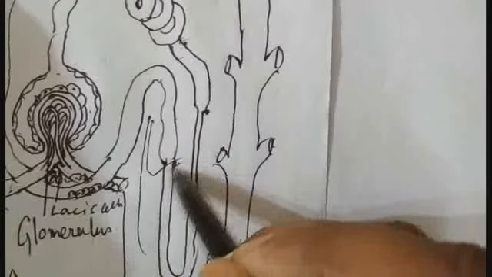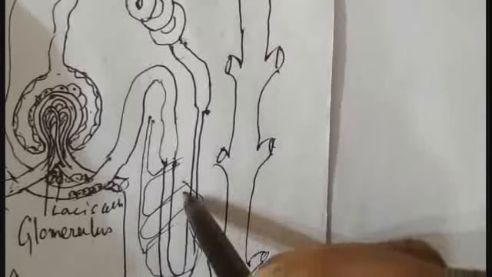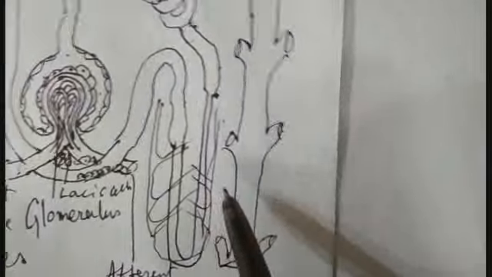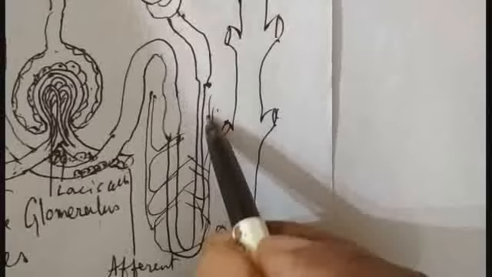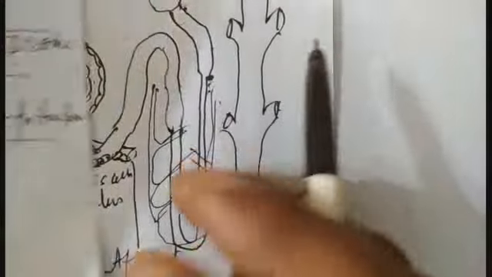Here are the blood capillaries. If water is absorbed by the nephron, that is the ascending part of the Henle's loop, the body concentration will decrease. Osmolarity increases, the thickness of blood increases.